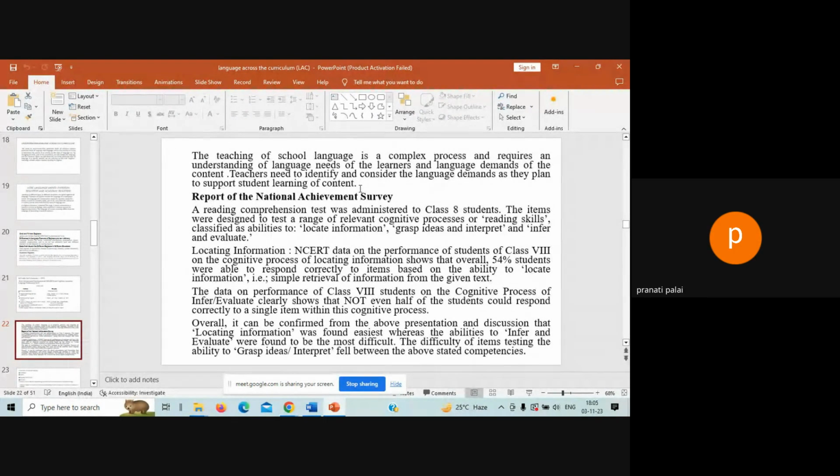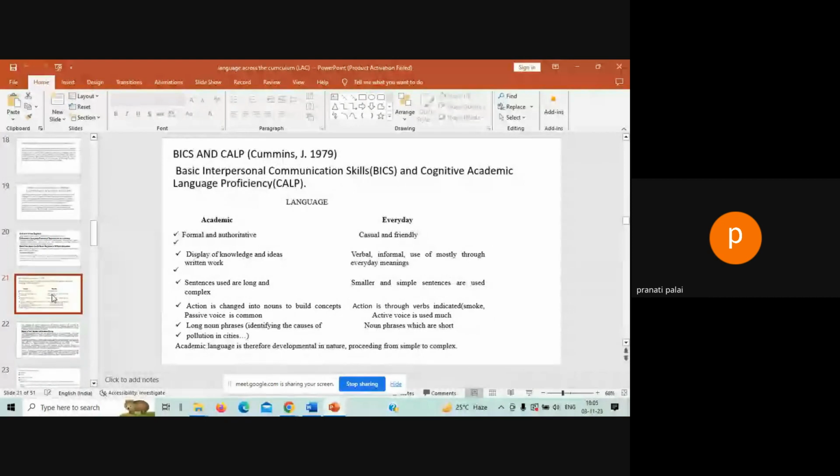Why is academic language developmental? We can say that first of all, the child enters into a formal setting and uses the language for the first time. The child comes to school with so many experiences, but whenever he enters the classroom situation, he is not able to express himself freely.